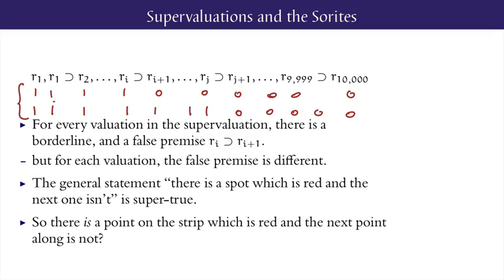The idea was to say that there wasn't a precise cutoff point, but a range of cutoff points. But the statement, there is a precise cutoff point, seems to be true in every valuation. So by the lights of the supervaluationist, it should be super true. This is one of the reasons why not every person who wants to retain two-valued logic thinks that supervaluations are the way to do it.